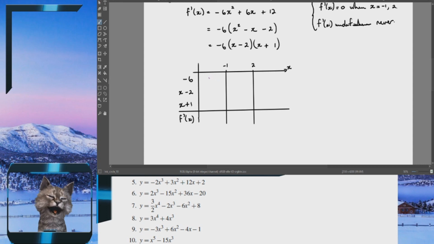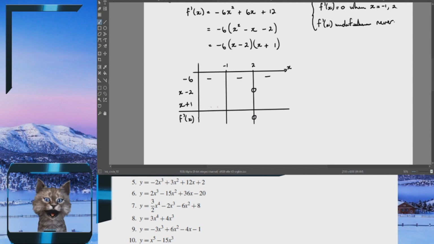Now, negative 6 is always going to contribute a negative number. X minus 2 is 0 when x is 2. And because it is being multiplied in my derivative, it will make the derivative 0 as well.